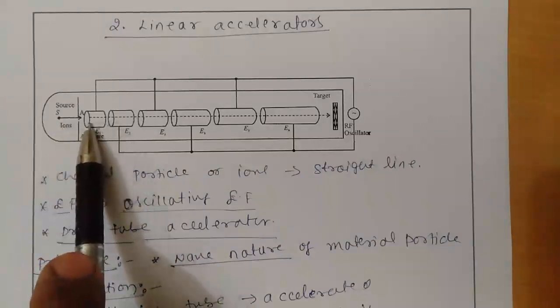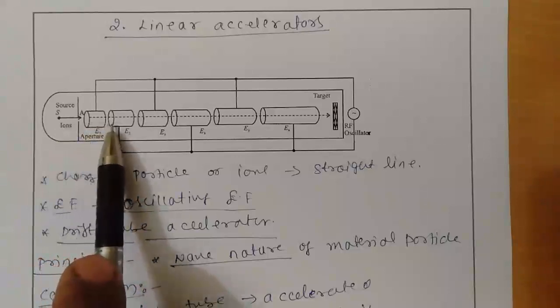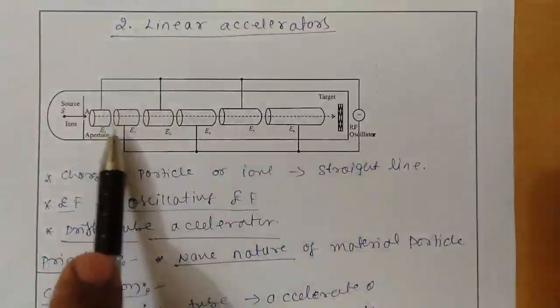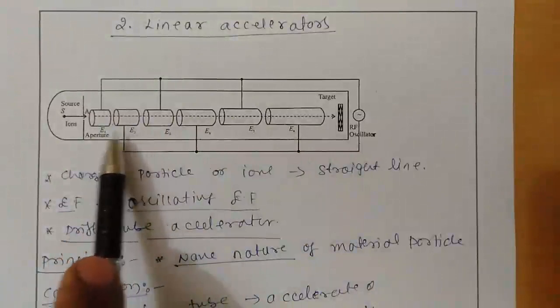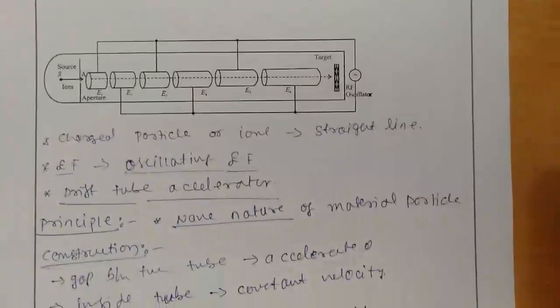As soon as this proton comes out from the first tube, the frequency of the oscillator must be so adjusted that the tube E2 is under negative potential with respect to E1. So the frequency will be adjusted in such a manner.